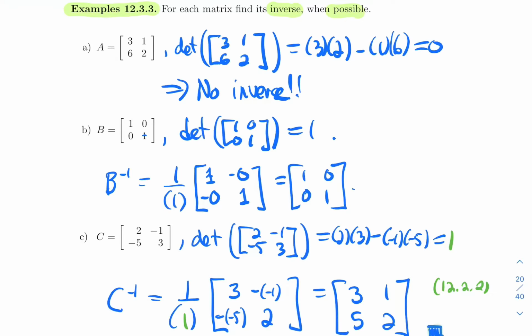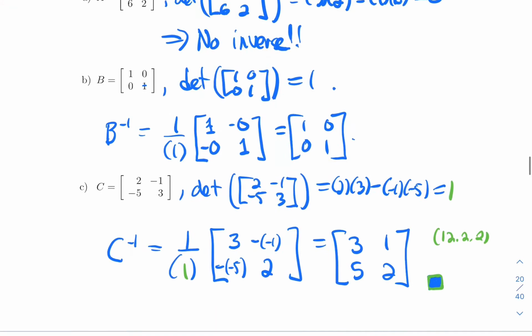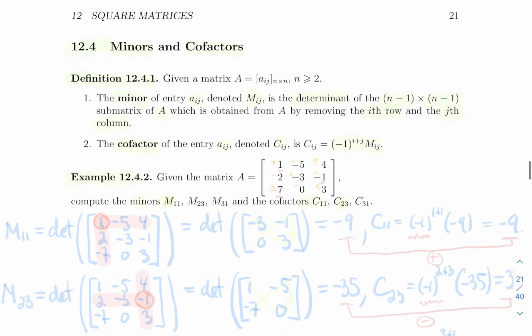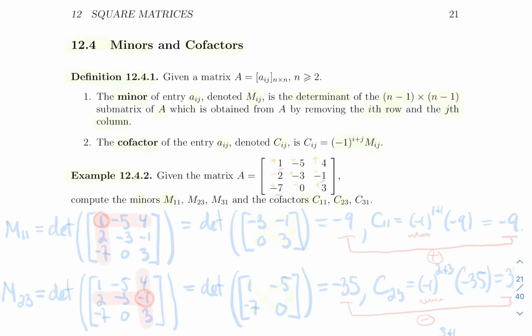So now we know how to compute the determinant of a 2x2 and the inverse of a 2x2. Now the goal is to do the exact same thing, but for matrices of different size. So the goal is to compute determinants and inverses of matrices, not just for 2x2, but for n by n in general.